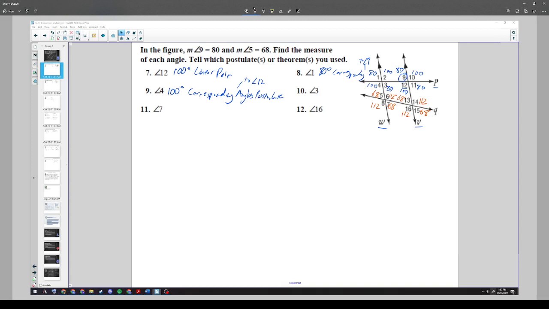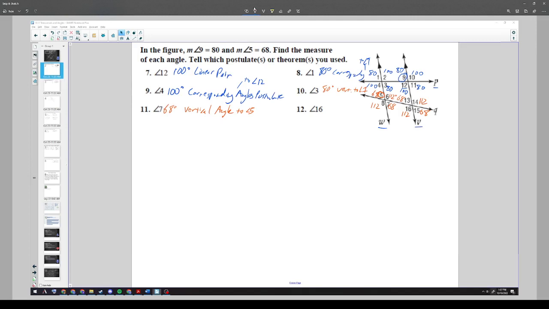Angle 7, we started off with angle 5 right here. 5 and 7 are vertical angles. So we know that it's 68 degrees by the vertical angle theorem. And if we wanted to say, vertical angle to angle 5. Number 3 was up there. Number 3, we knew 1, and those were vertical angles. So number 3 was 80 degrees, and it was vertical to angle 1.